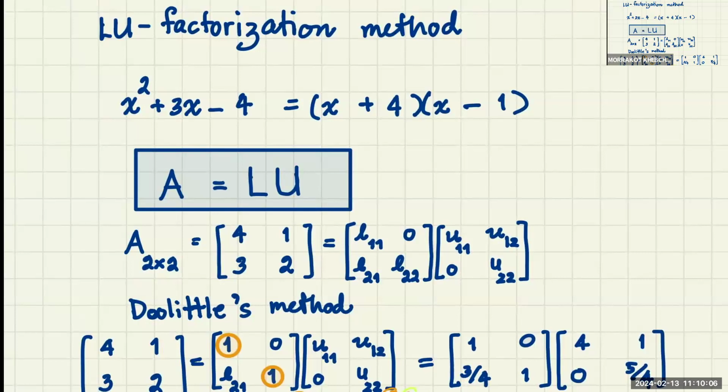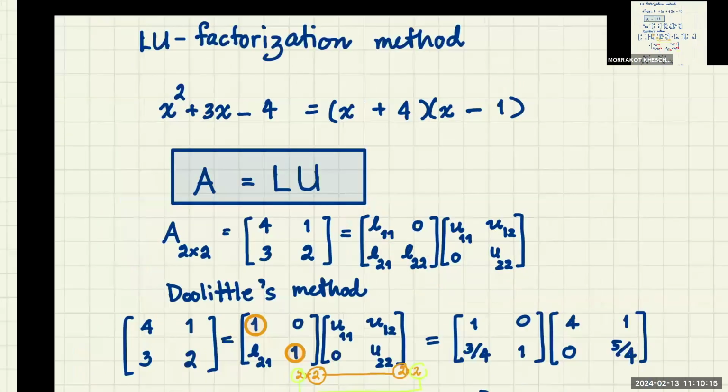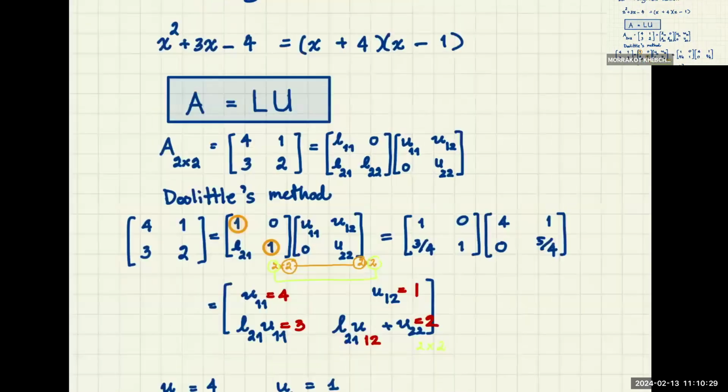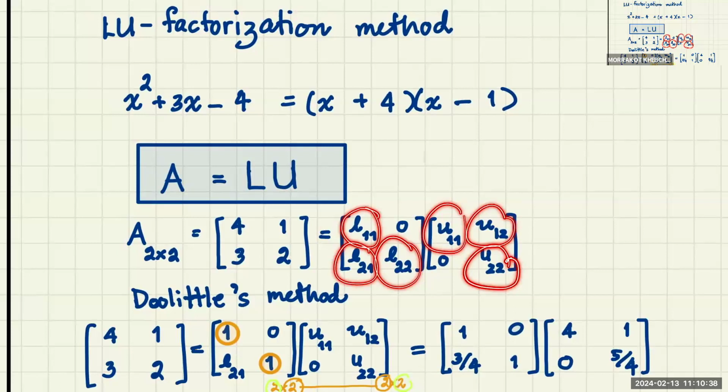Doolittle. So Mr. Doolittle proposed that the matrix L has unknowns, with more restriction than we have.